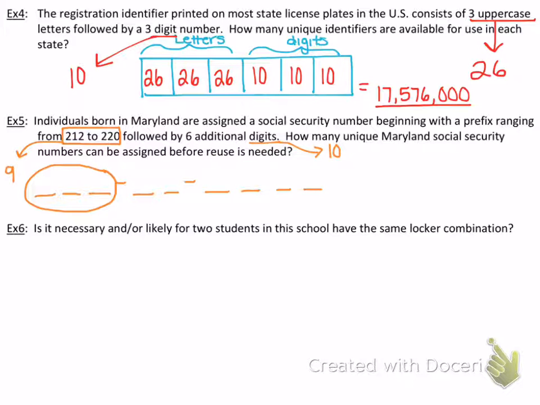So when I do my counting method, I'm not going to have 9 total spaces. I'm only going to have 8. I'm sorry, I'm going to have 7. The first box represents the prefix, and then you have 2 digits after that, then 4 digits after that.